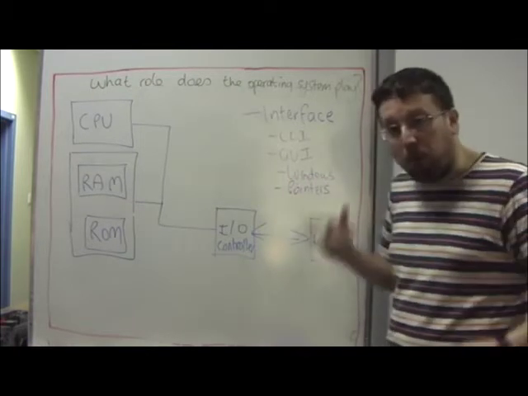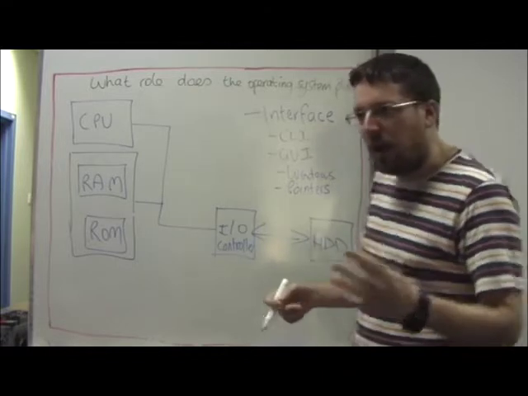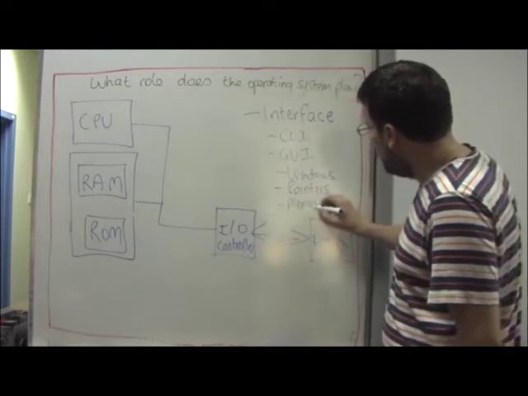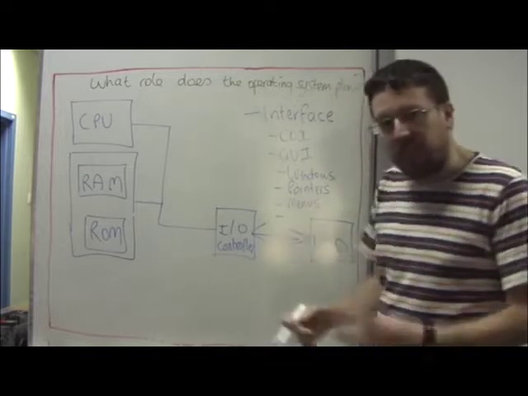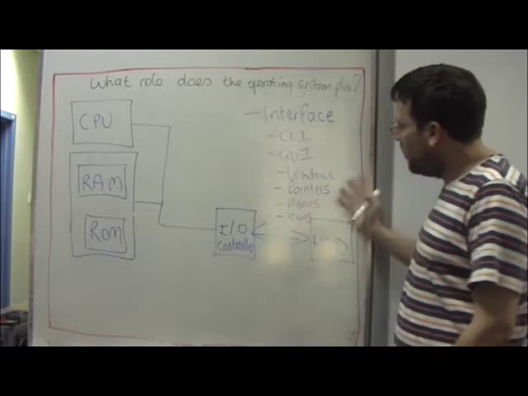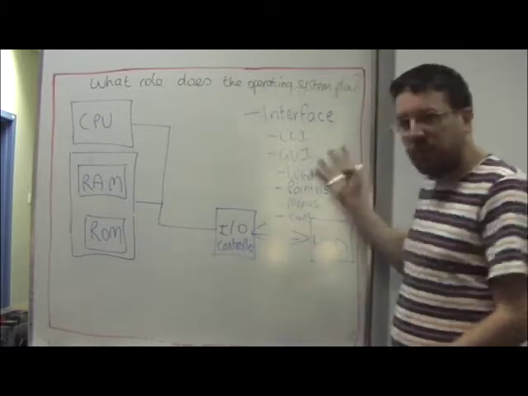We also tend to see menus, and of course we expect to see icons. So those are 4 features of a graphical user interface that I would expect to see.